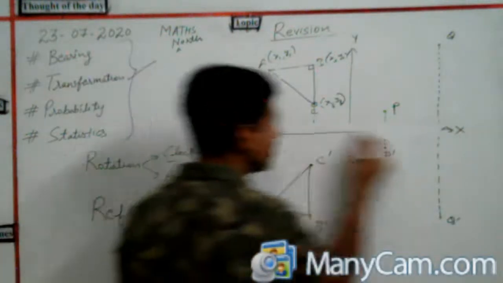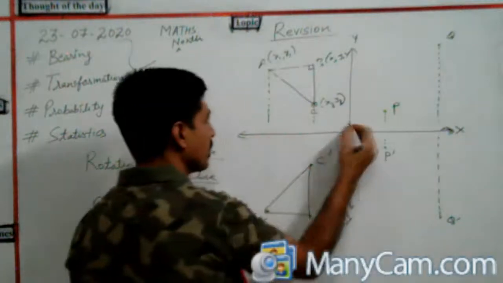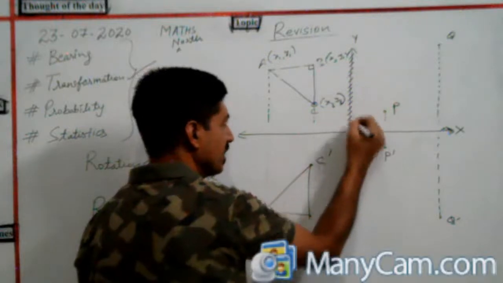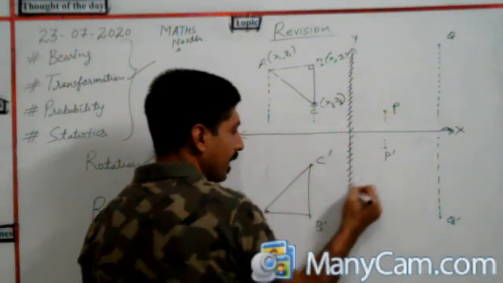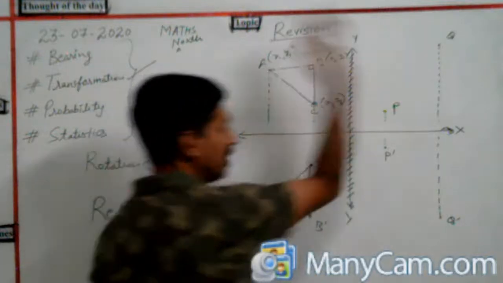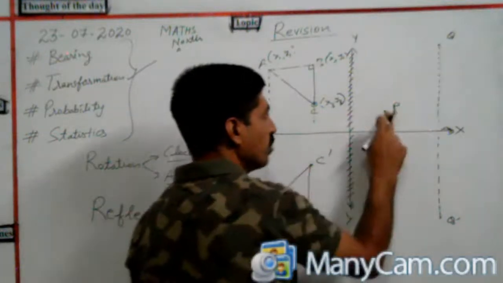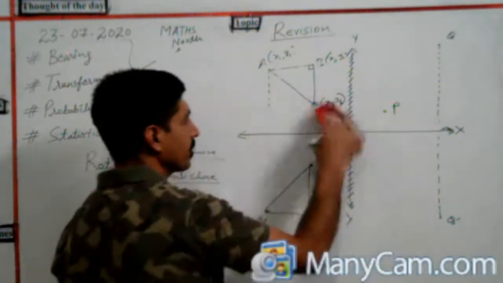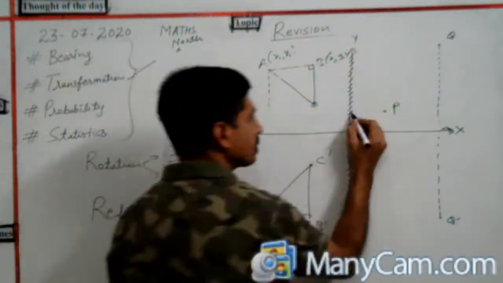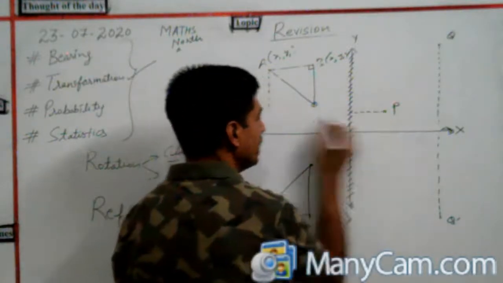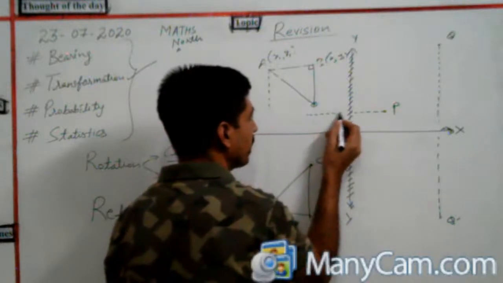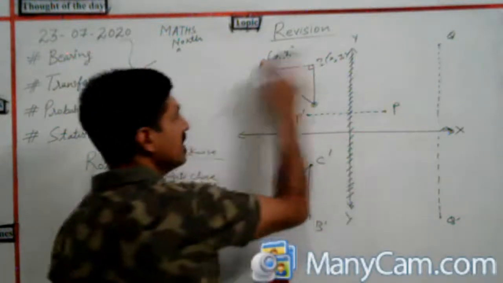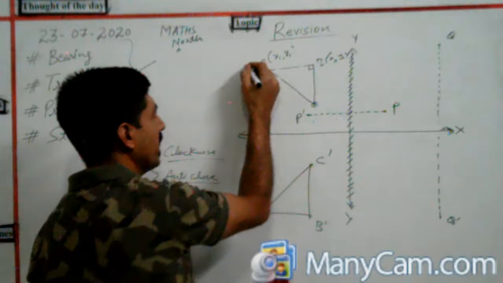If the y-axis behaves as a mirror, this is our y-axis, then the reflection of this triangle ABC will be this side, and this point P, its reflection will now be this side, in the second quadrant. So P dash will be here, and Q dash will be the same distance this side, that is Q dash here, right?